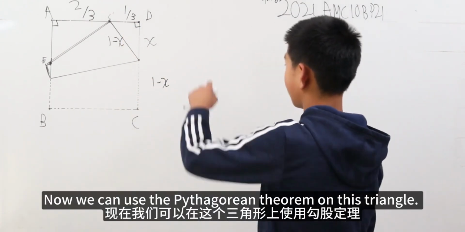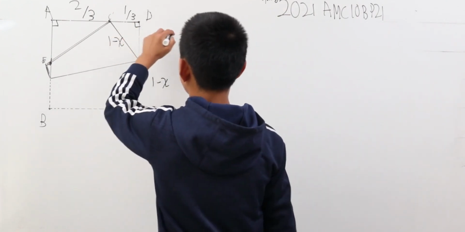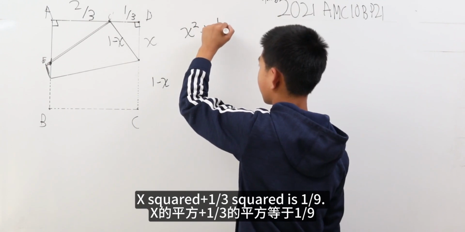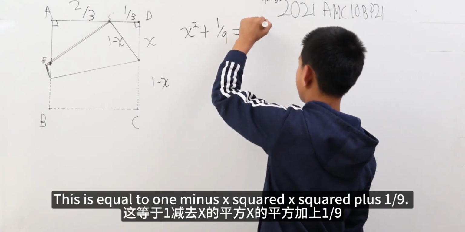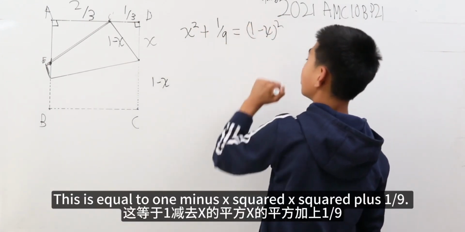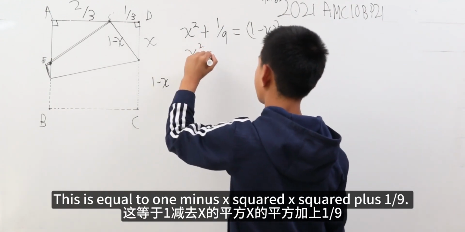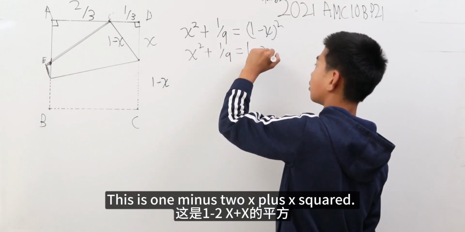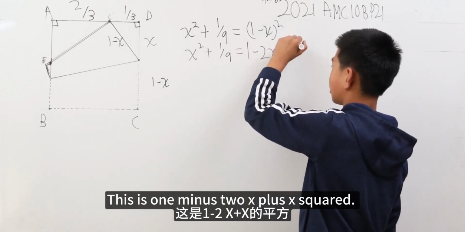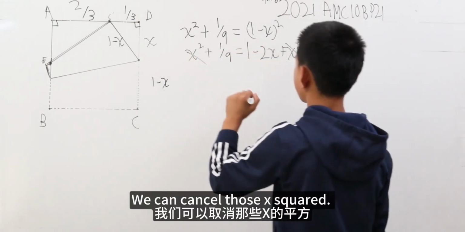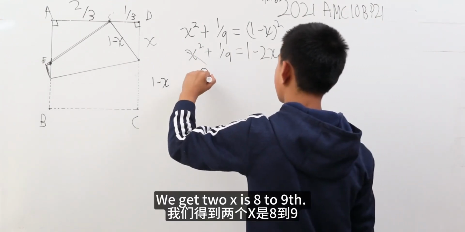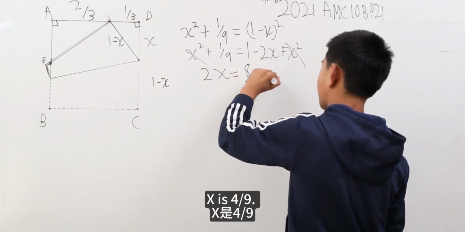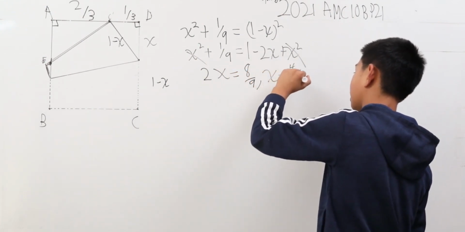Now we can use the Pythagorean theorem on this triangle. x squared plus 1/3 squared, which is 1/9, is equal to (1 minus x) squared. So x squared plus 1/9 equals 1 minus 2x plus x squared. We can cancel those x squared, so we get 2x is 8/9, and x is 4/9.